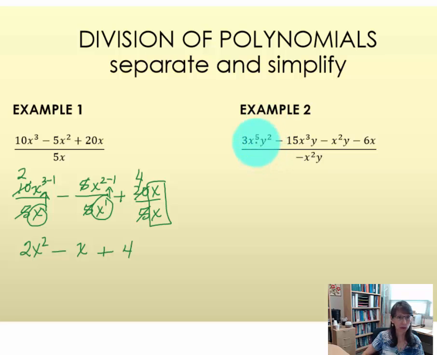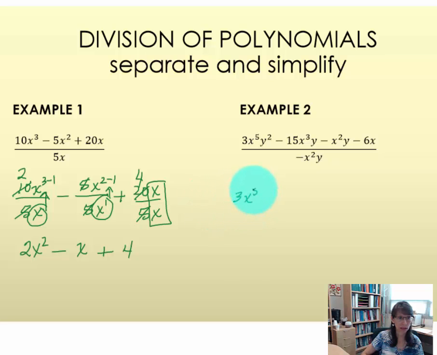In example 2, 3x to the 5th y squared minus 15x cubed y minus x squared y minus 6x is divided by a negative x squared y. What this means is every term in that numerator is divided by negative x squared y. So we'll separate and then simplify.